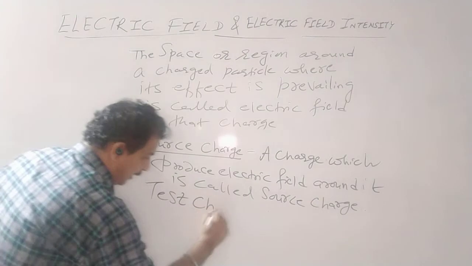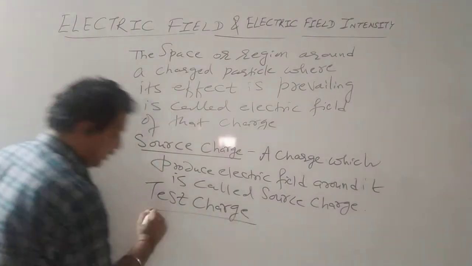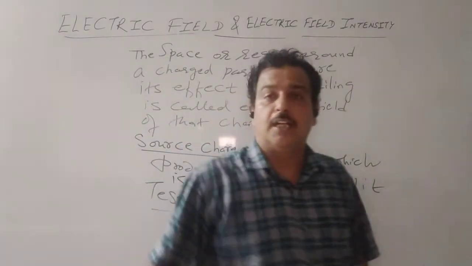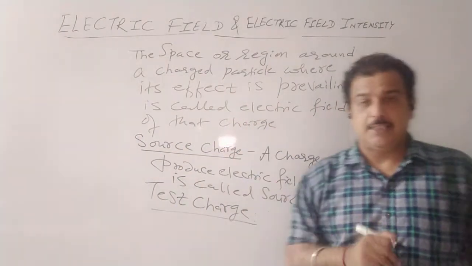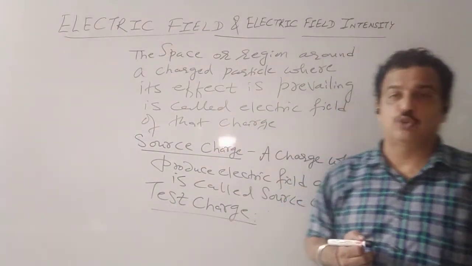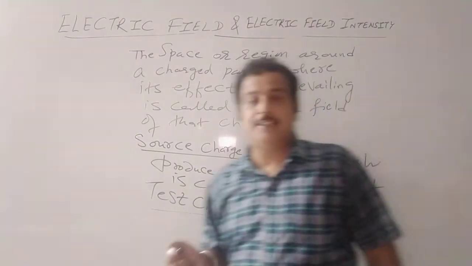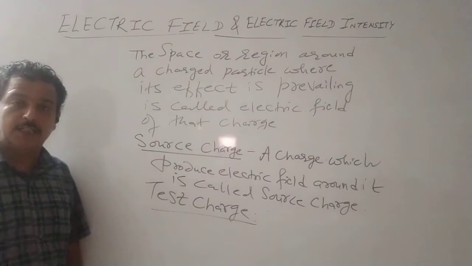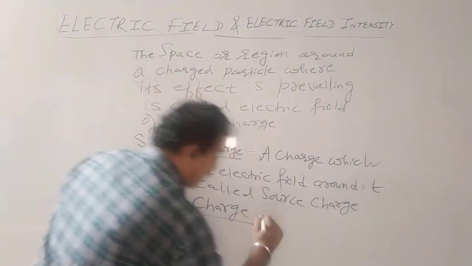Then the second terminology is test charge. So what is the use of this charge? The test charge is a charge which is placed in the electric field of a source charge to determine its strength. सोर्स चार्ज की ताकत पता करने के लिए जो चार्ज रखा जाएगा, that will be called a test charge.